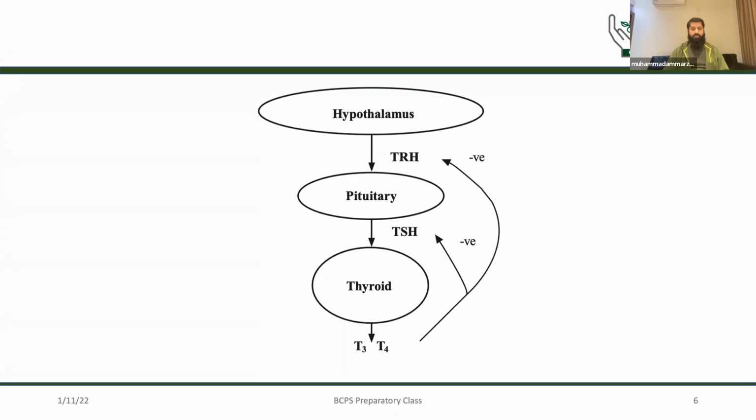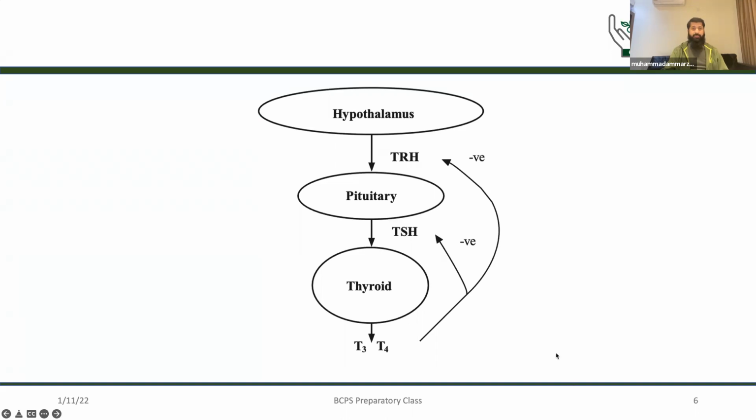In the same way, when T3, T4 levels are decreased in hypothyroid disorders, TSH levels are increased because there is no negative feedback to reduce the levels of TSH. So this is very important to diagnose the patients of hypo or hyperthyroid disorders.